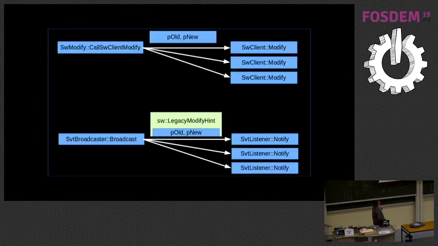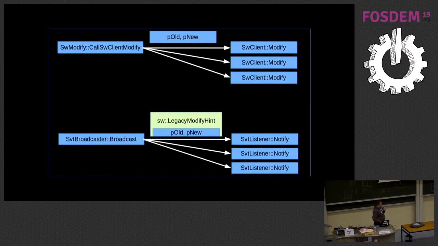So what I did is I made an SW modify that is also an SVT broadcaster, and if you send something in the old mechanism, it calls all the old clients in the old way and all the new ones in the new way. So this way you can migrate things from the edges of Writer, which is, for example, Unicore or accessibility, and slowly get rid of this huge ball of mud that you otherwise couldn't unroll.